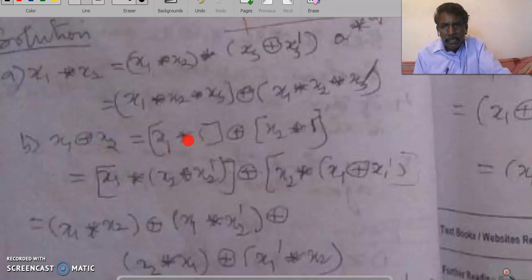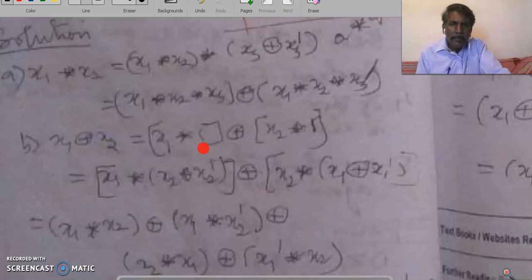Now I write x1 as it is, and a variable joined with its complement is equal to 1.